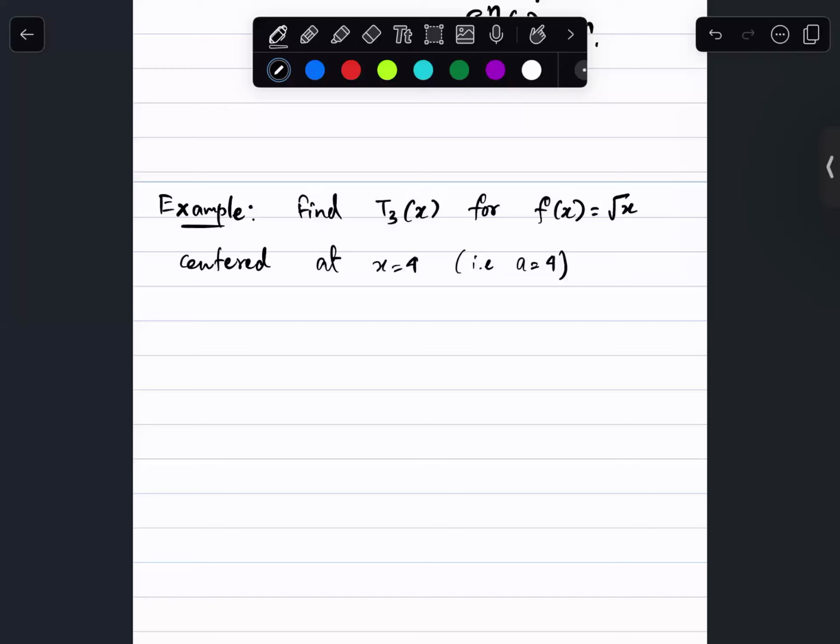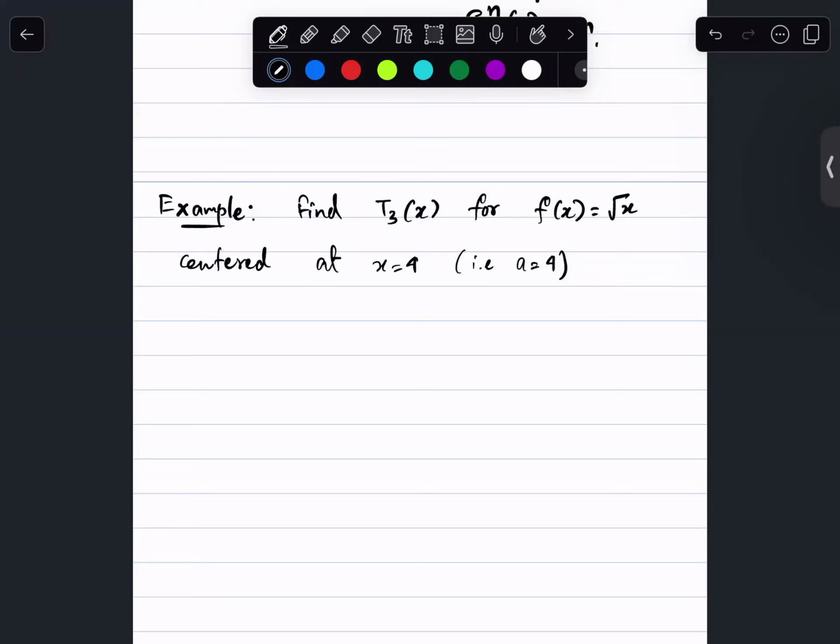Okay, cool. Now let us see some examples to better understand this. For this example, we need to find T3(x), the 3-degree Taylor polynomial for the function f(x) given as square root of x, with center x equal to 4. So that means our a is 4.